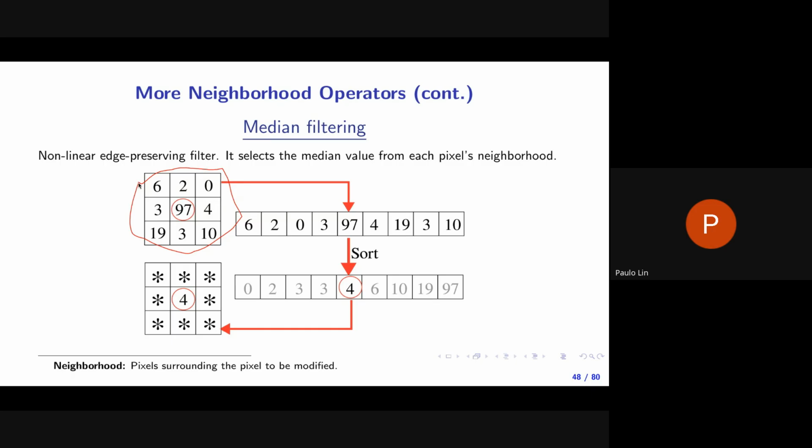So we take the entries of this neighborhood and take the median value, which in this case is 4, and then replace the original pixel, which was 97, with that value.